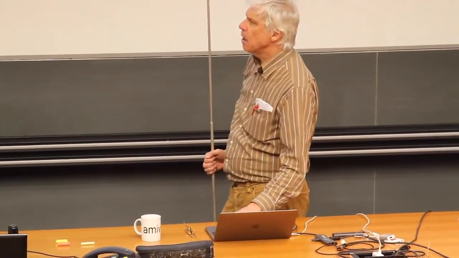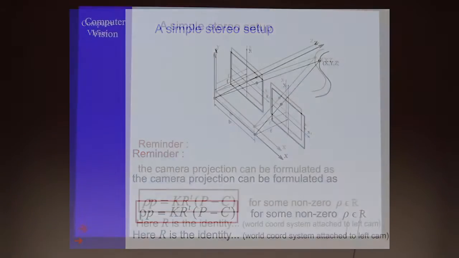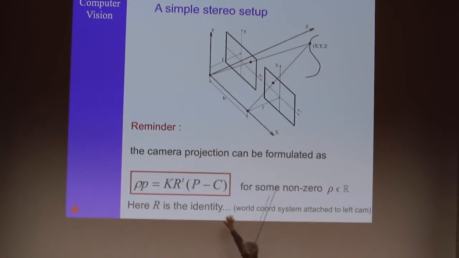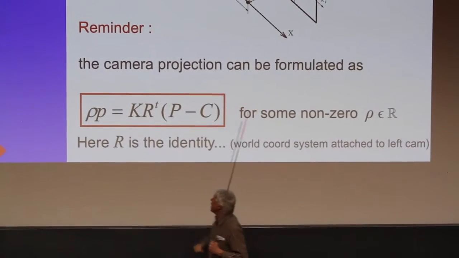Okay, so now we have to look at the projection equations as we saw them for cameras. So we start with looking again at the general equation. And here we go. This is the projection equation for cameras that we saw during one of the previous lectures.